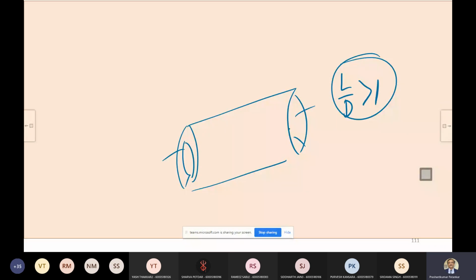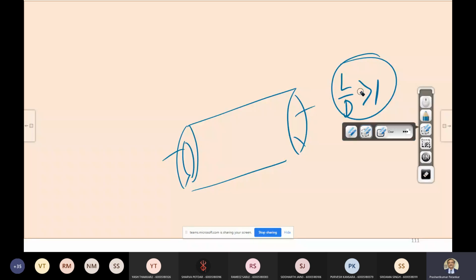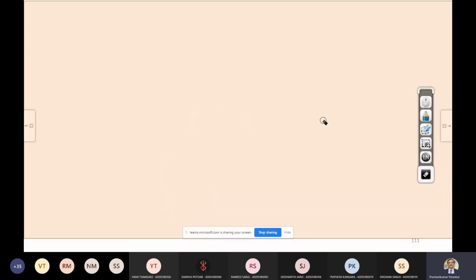So sometimes you may experience deflection of your shaft. That deflection is again one sort of failure only. The deflection value should not increase beyond a specified limit. So again, that deflection is also not desirable. So these are the issues with your long journal bearing.